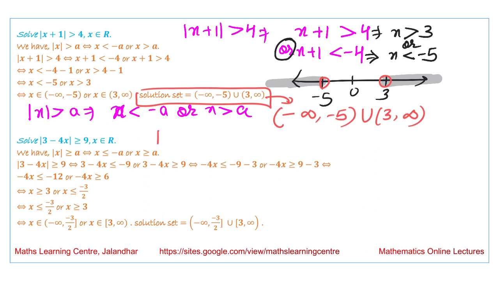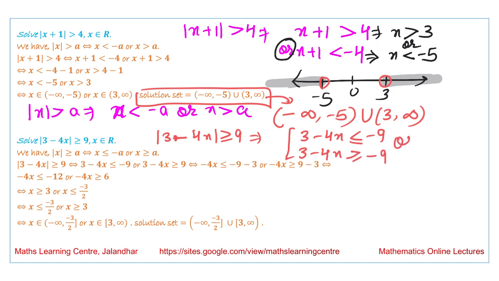Next is mod of 3 minus 4x is greater than equal to 9. So again we are having two cases, that 3 minus 4x is less than equal to minus 9, or 3 minus 4x is greater than equal to 9, and it is or in between these two. Now the first one will give us that minus 4x is less than equal to minus 12.